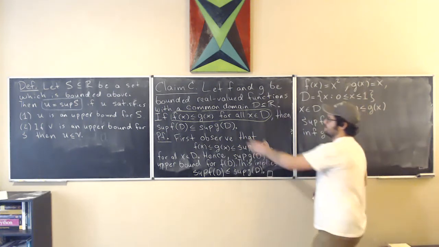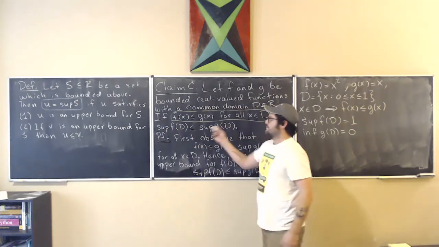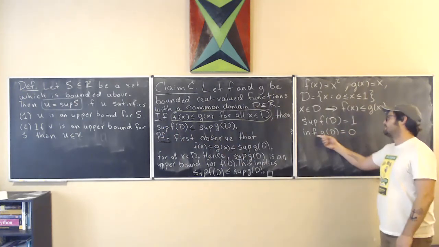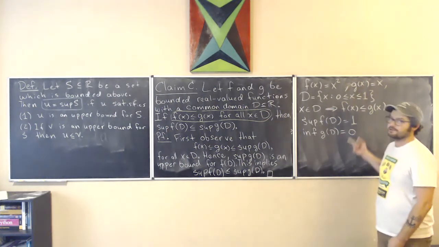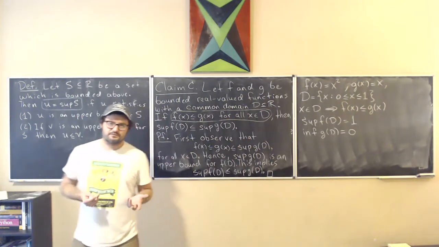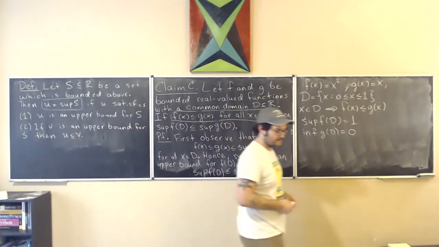So under this hypothesis, yes, we can bound the supremum of F by the supremum of G, but we cannot bound it by the infimum of G. For example, this is 0, that's 1. So that hypothesis doesn't say anything about the relation in general between supremums and infimums of functions.